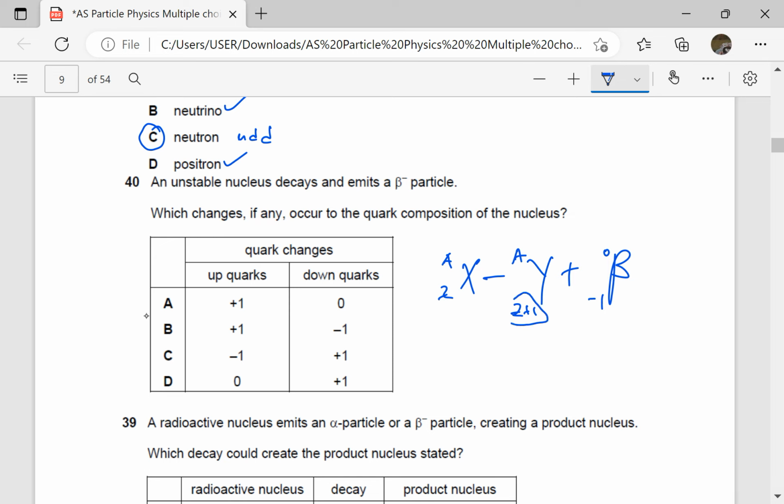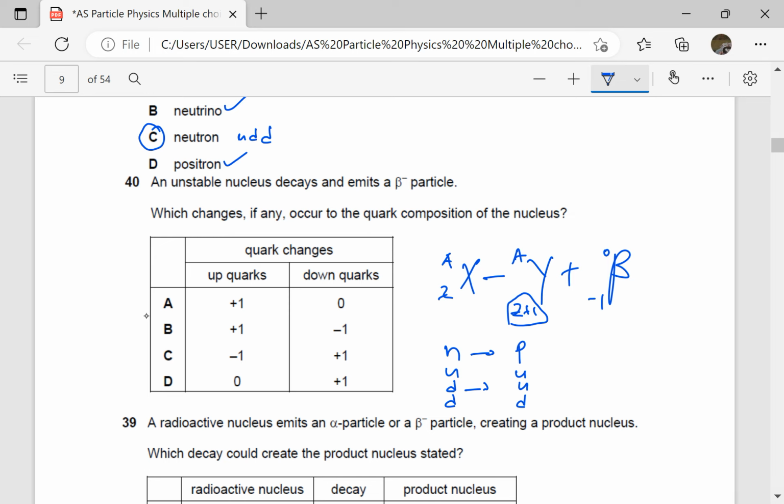So the proton number is increasing by 1. That means a neutron has changed into a proton. So up, down, down changes to up, up, down.